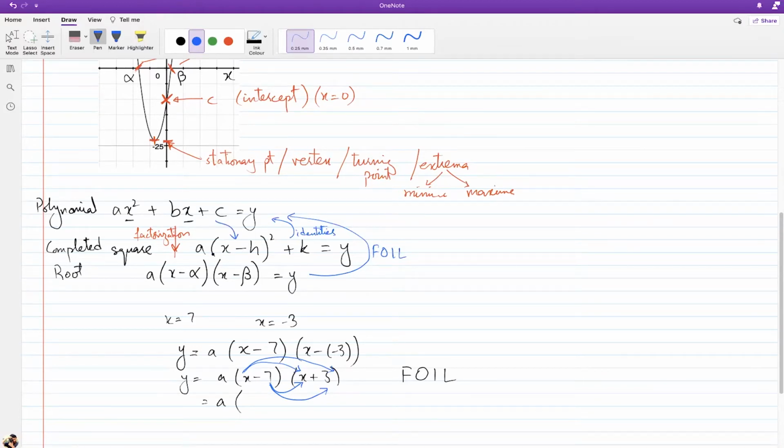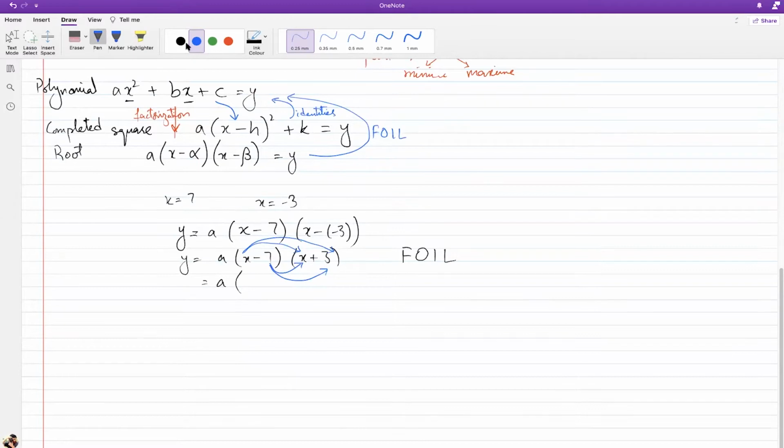Going from polynomial form to completed square form, this method to this method, has a proper procedure, which is a 3-step process. It is called completing the square. Completing the square has multiple steps. First step is always to take a common.